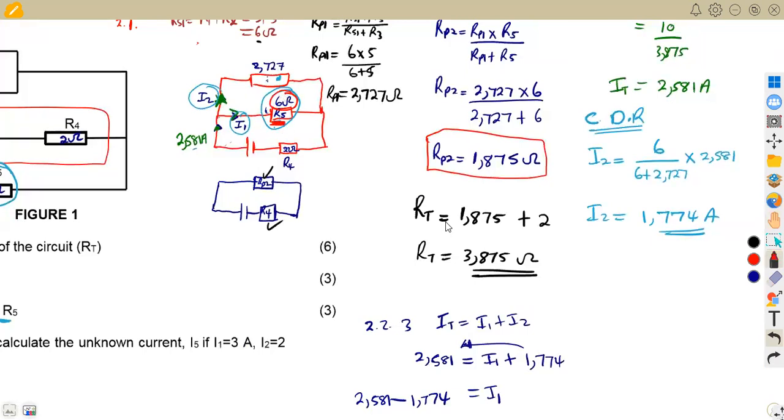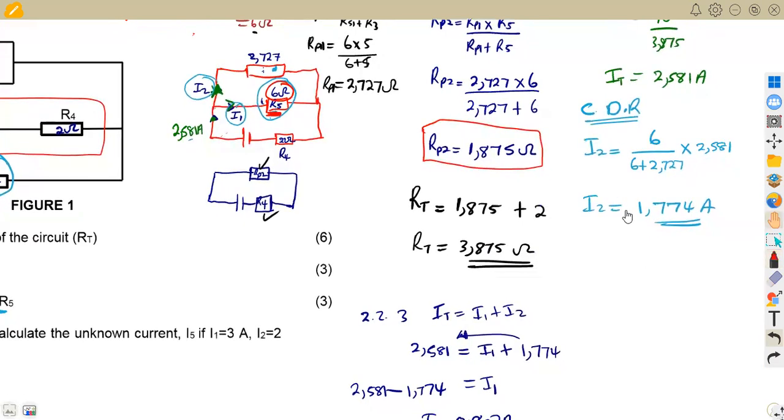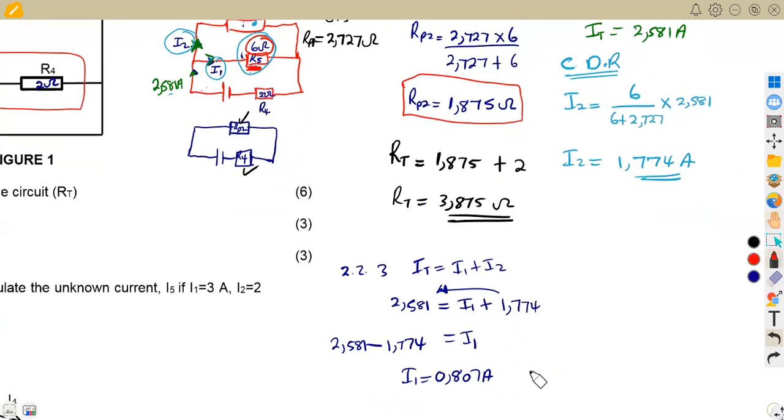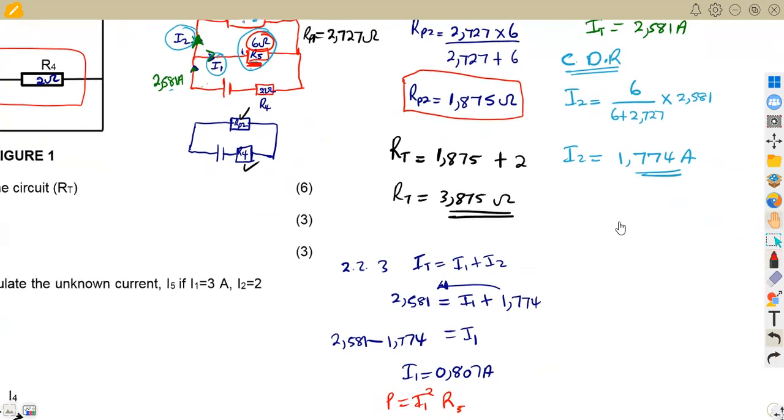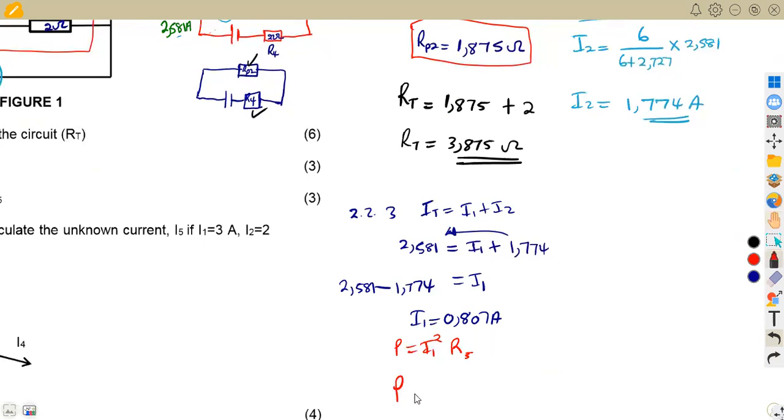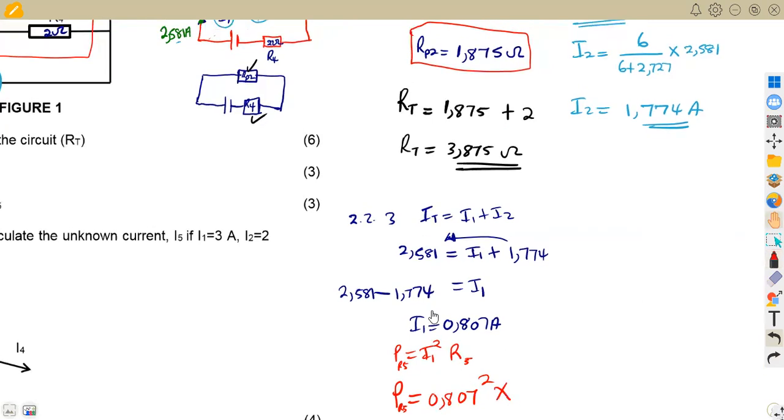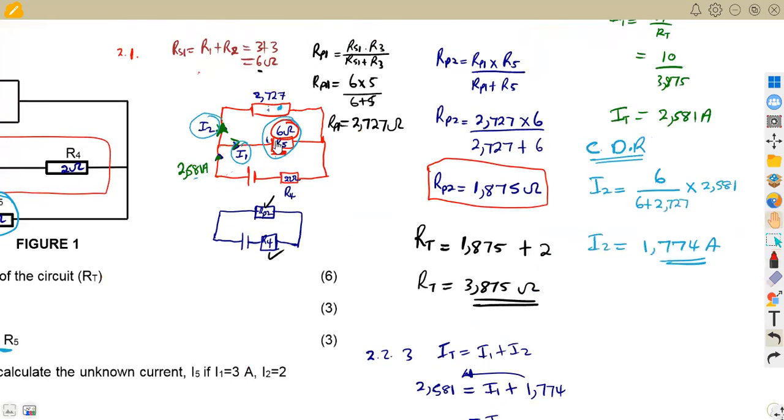You can calculate power from there because power can be given as I squared R. So our power is going to be taken from I squared R, which is I1 squared times the resistor where we are calculating this current, which is resistor R5. So our power across R5 will be I1 squared, which is 0.807 squared, times the resistor R5, which is the 6 ohm resistor.